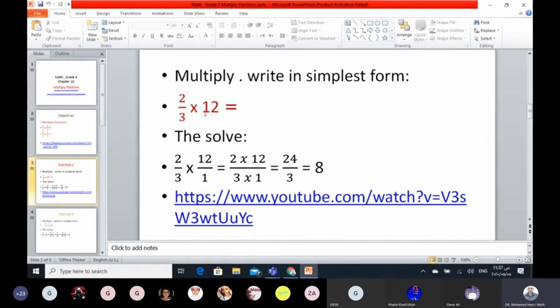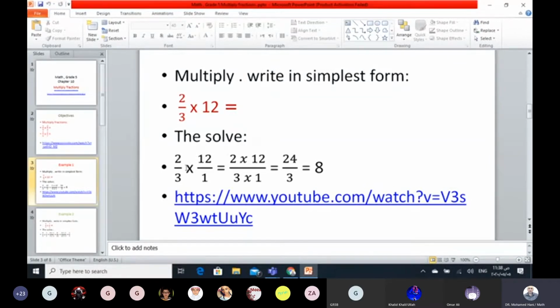How? Put the denominator 1, because as you know, 12/1 equals 12. So now we have a fraction: 12/1 multiplied by 2/3. The rule says when you want to multiply two fractions, just multiply numerator by numerator up, and denominator by denominator down.